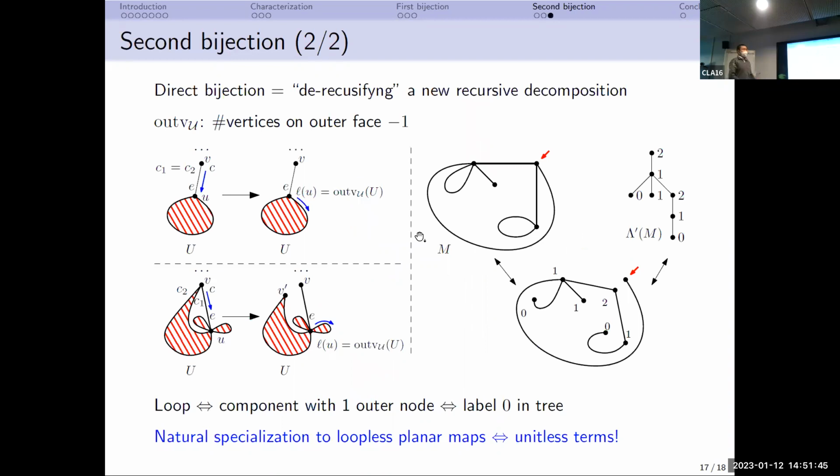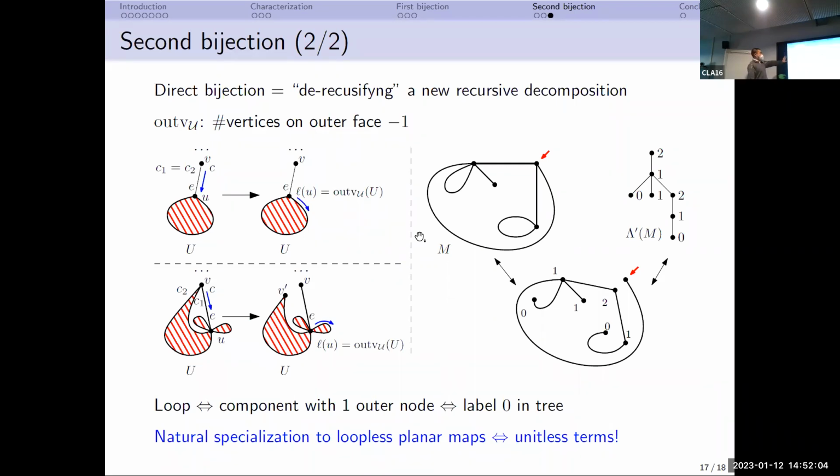And for the bijection itself, I'm not going to explain it, but it's more or less an exploration procedure similar to the previous one. We kind of open the edges, etc., and the labels are given by the number of vertices on the outer face.